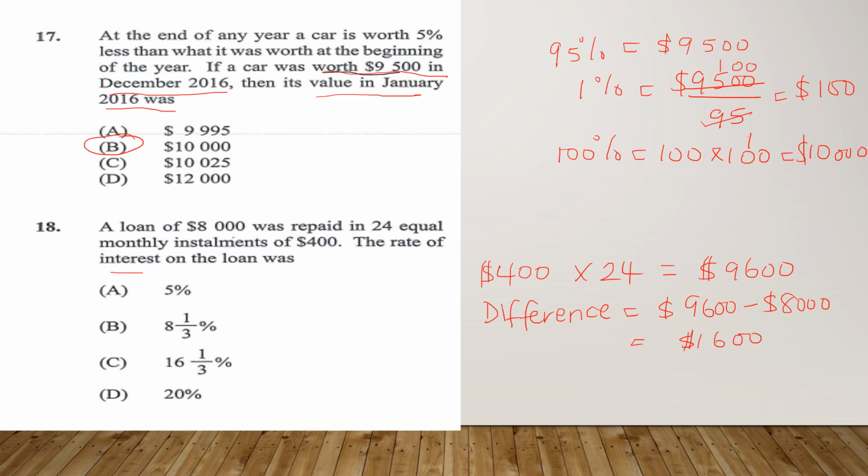So the rate of interest on the loan would be the difference over the original 8,000 times 100 over 1. So we can cancel these two zeros here. Then this 0 with this 0 will give me 160 over 8. 8 into 16 is 2, that's 0. 20%, so the answer is D.